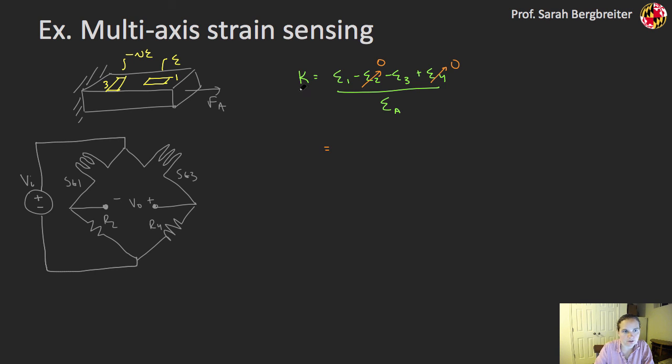And this kappa is going to be, epsilon 1 will be my basic axial strain, minus epsilon 3, so I'll have plus nu times that axial strain, divided by my axial strain. So my bridge constant here is 1 plus my Poisson's ratio. So this quantity, this kappa or bridge constant, along with the gauge factor of these sensors that I have on this beam, will ultimately determine the sensitivity, the V out, that I get for a given V in and strain of this particular circuit.